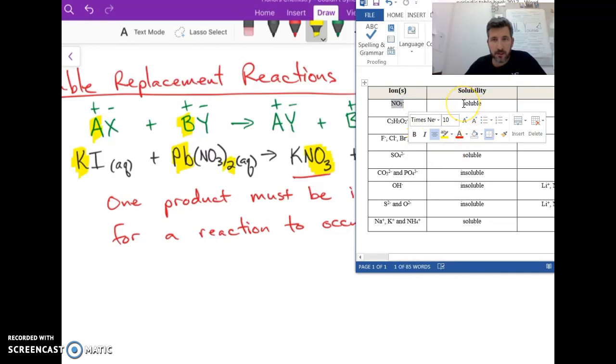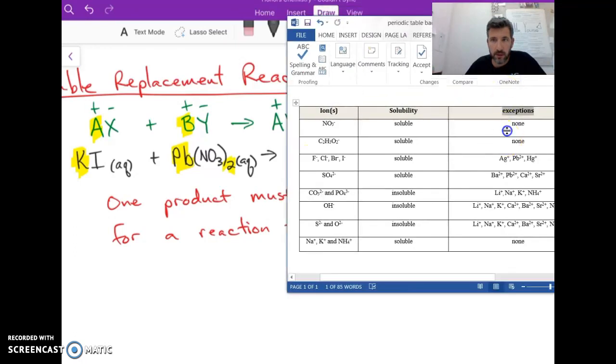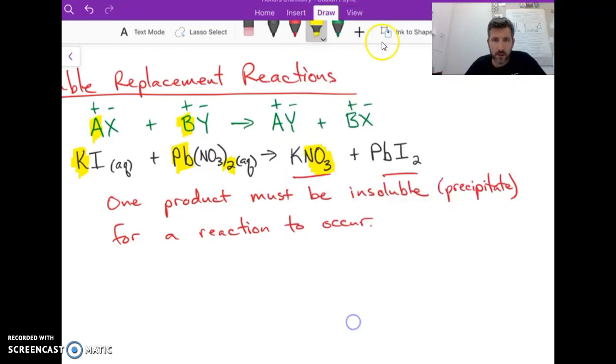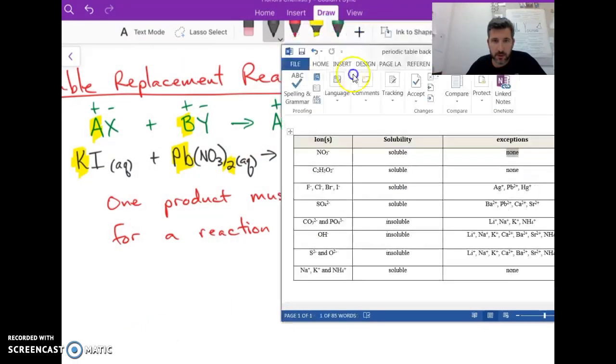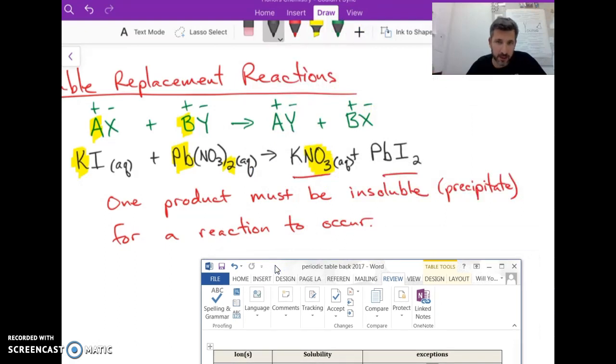It says nitrates, and it just means anything that has NO3 in it. In this case, it's potassium nitrate, but it could be any nitrate, is going to be soluble, which is going to mean aqueous. And there are no exceptions to that. Okay? So what I'm going to do is I'm going to put aq after potassium nitrate, again, because that's telling us that all nitrates are soluble, and so potassium nitrate is soluble.